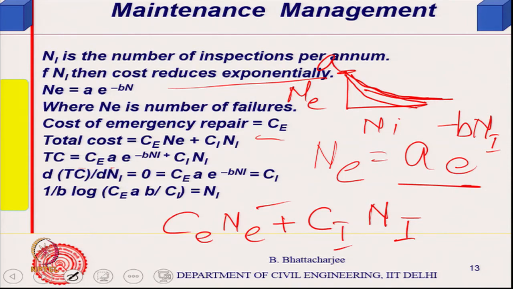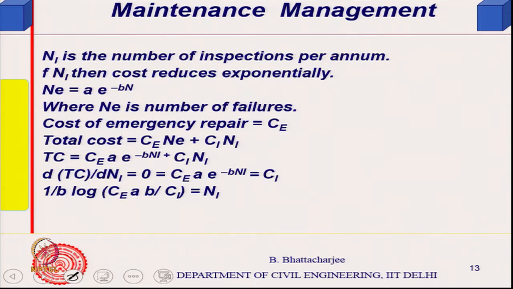Simply differentiate this total cost with respect to Ni, and you will find that it comes out to be Ce A B e to the power minus B Ni equals Ci, the inspection cost.